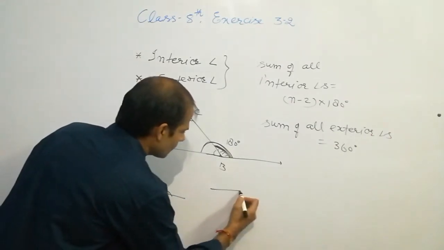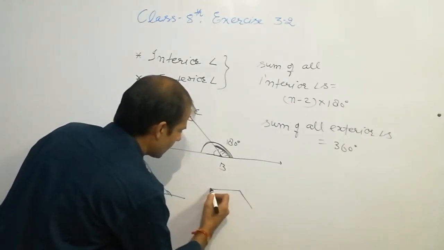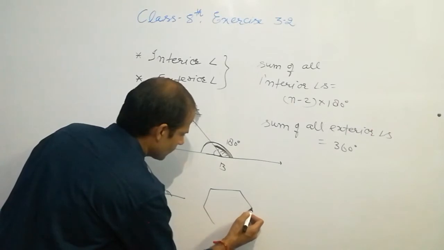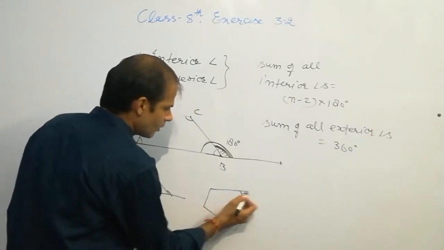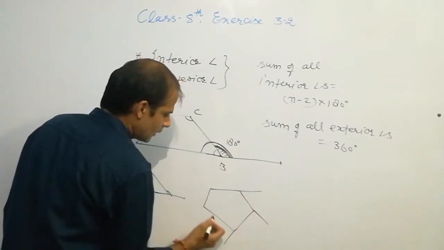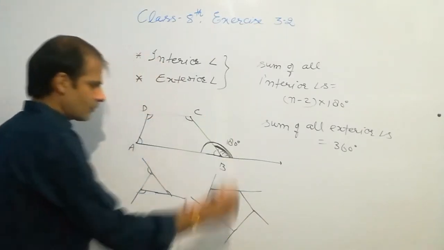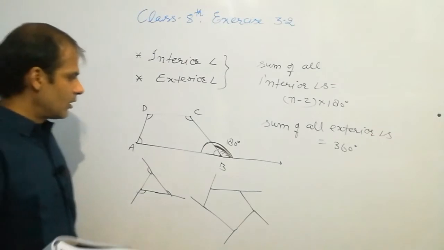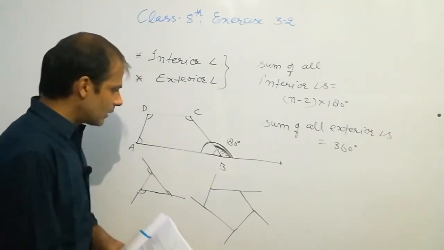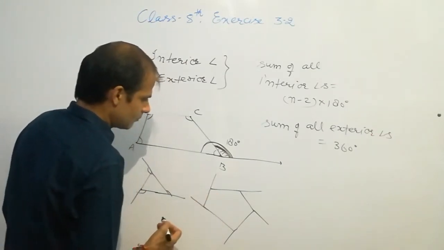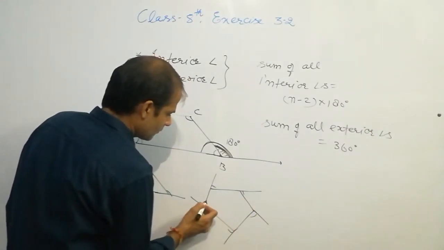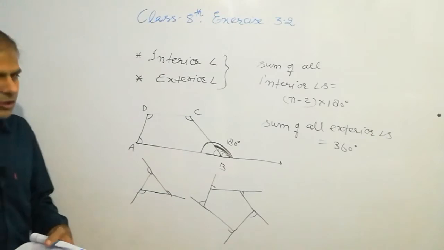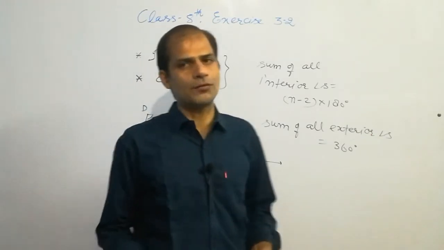Again for a pentagon, okay, if you produce each line segment in the same direction, okay, respective directions, then the sum of all the exterior angles is again 360 degree. It doesn't depend on the number of sides.